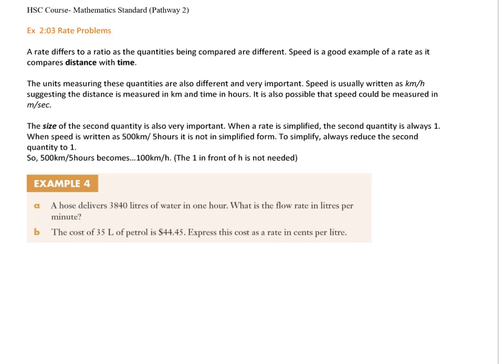So, like I've got in the notes there, if you were given a speed of 500 kilometres per 5 hours, it's not in simplified form. So, if an instruction was to simplify that rate, then you would need to reduce the 5 hours to 1 hour. It's always that second quantity. Reduce it to 1, and of course you very easily see that conversion.